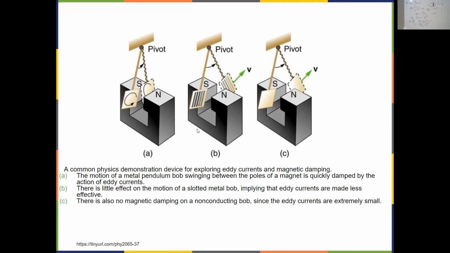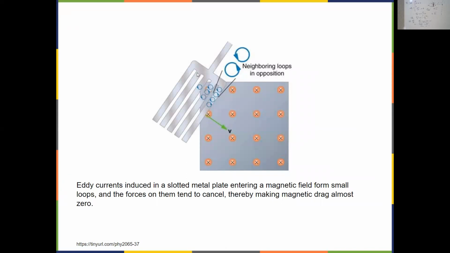The effect will be canceled out. Okay, so this is what happens if you cut the big piece of metal into small pieces. You'll again develop eddy currents, but in small loops, and the neighboring small loops will cancel out their effect. So then the damping effect will not be as strong.